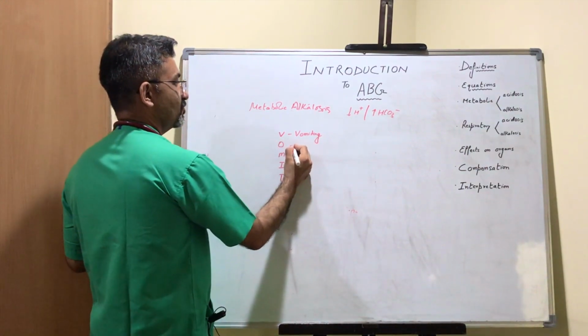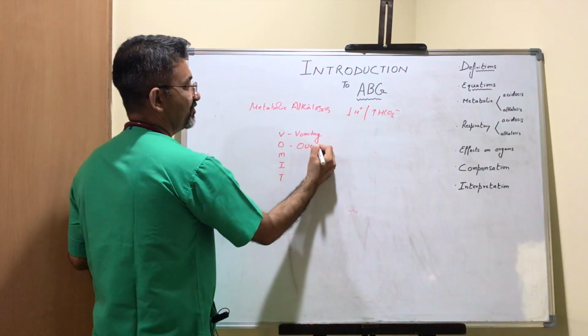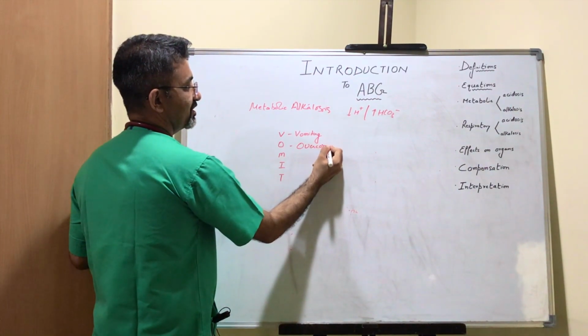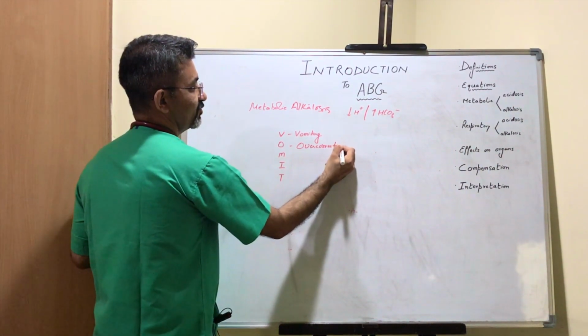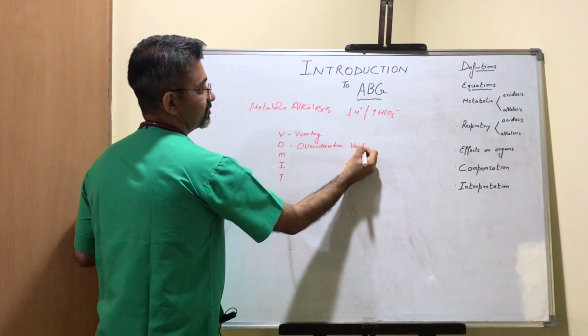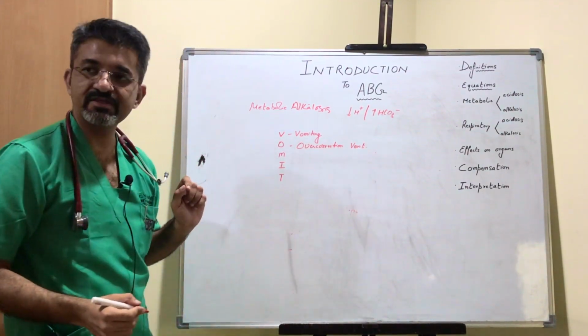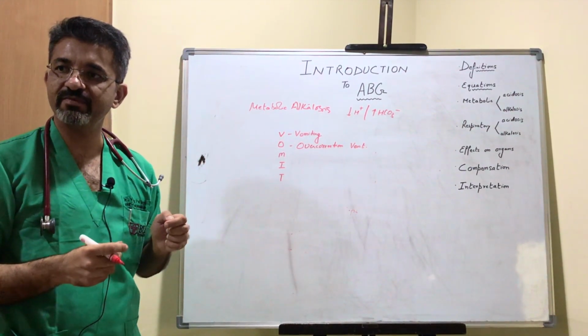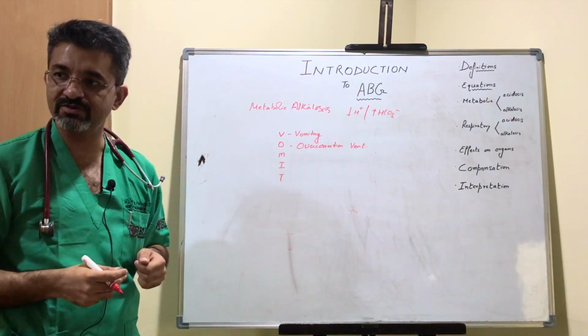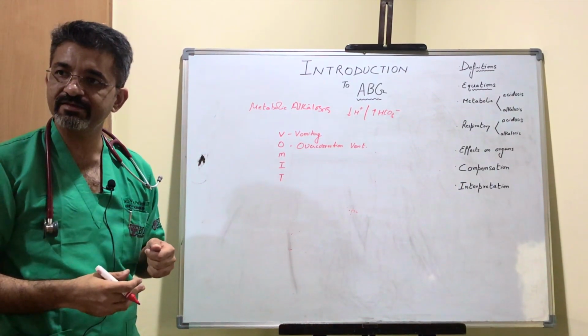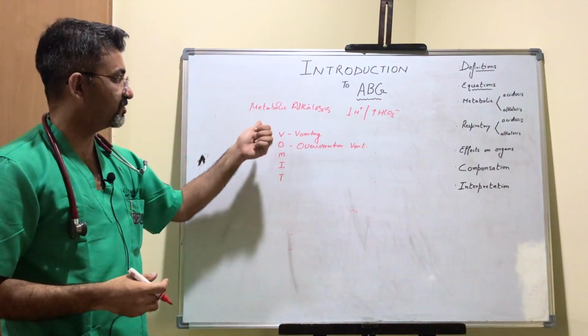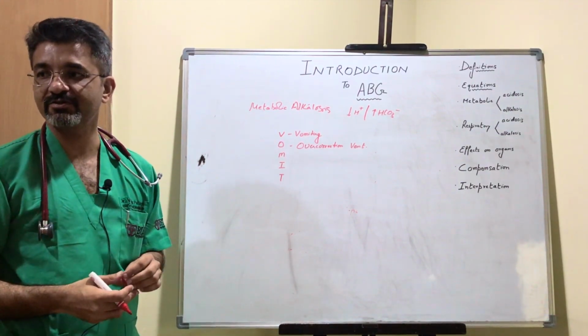O is overcorrection on vent. Overcorrection of someone who is on vent. Probably the patient is on ventilation for metabolic or respiratory acidosis, and you have overcorrected it. So you bring in metabolic alkalosis to that patient.